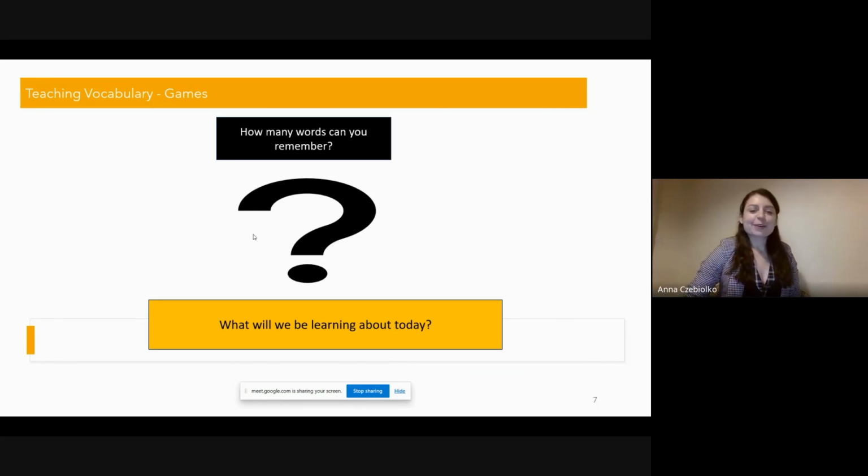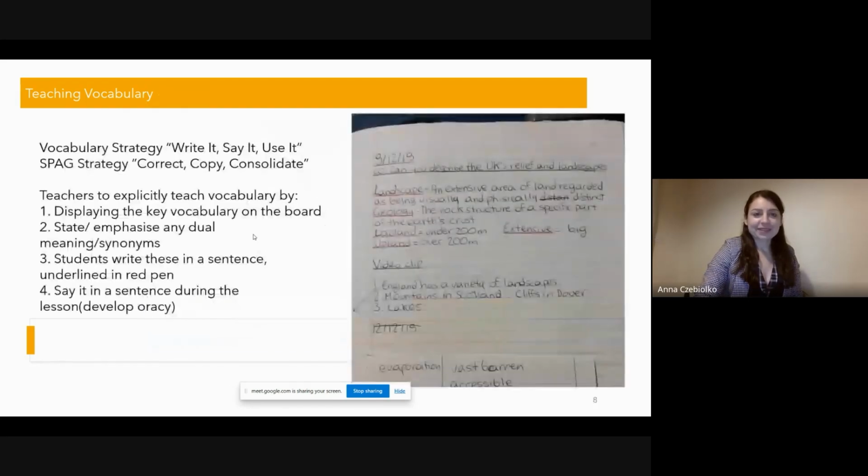So teaching vocabulary may actually be a fun adventure, may be interesting, may introduce the topic as well. It's a good start to the theme as well. Teaching vocabulary may happen in many different ways. For example, in my previous school, we had a vocabulary strategy where vocabulary was always displayed.